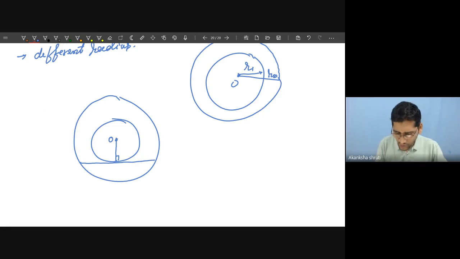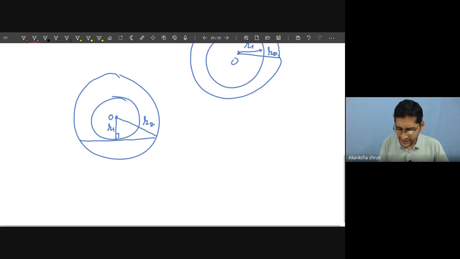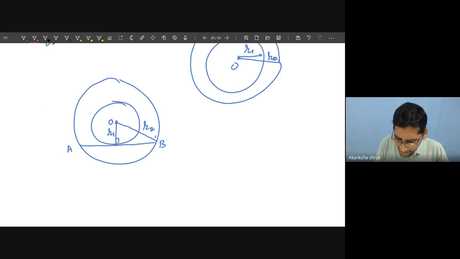In this case, O is the center and it is for the radius R1. With the same center, the bigger circle with radius R2 is drawn. So this is the concentric circle where AB is the chord for the bigger circle, but it is touching the internal circle at point M.